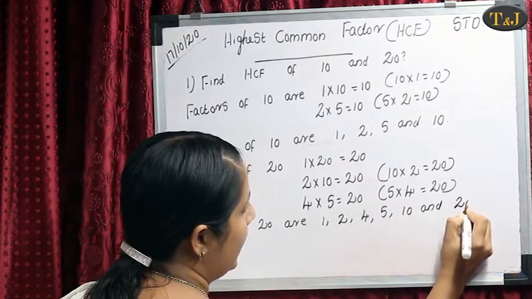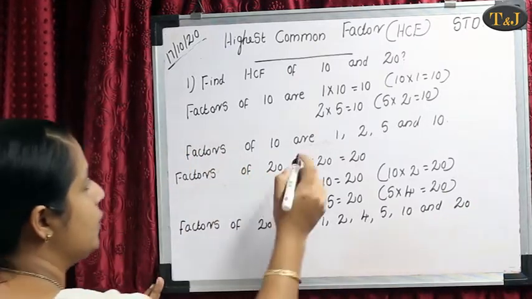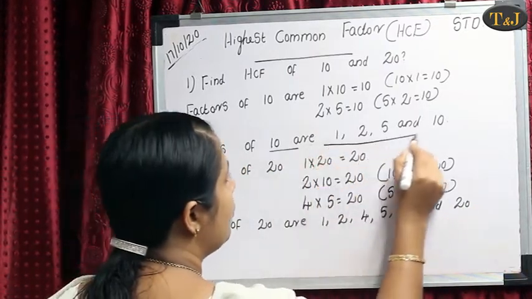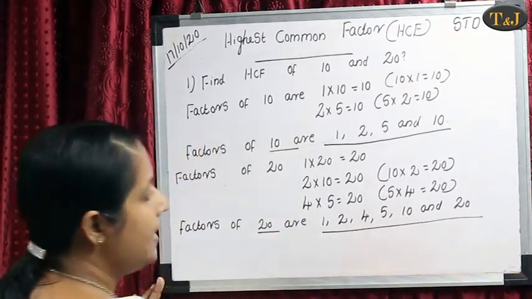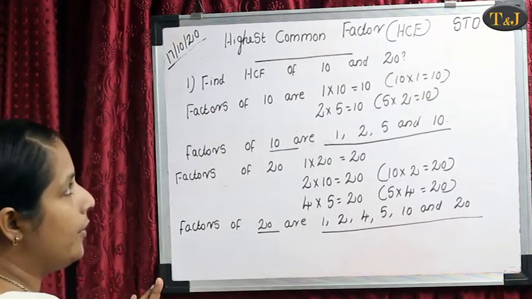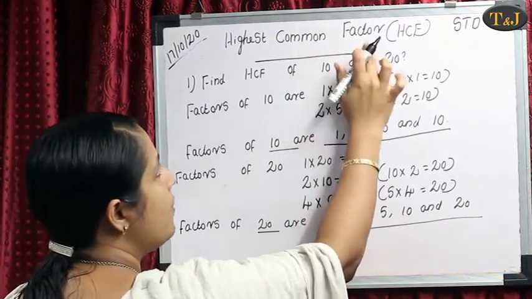Okay. Now we have the factors of both numbers. Factors of 10 are 1, 2, 5 and 10. Factors of 20 are 1, 2, 4, 5, 10 and 20. Next we find the common factors.